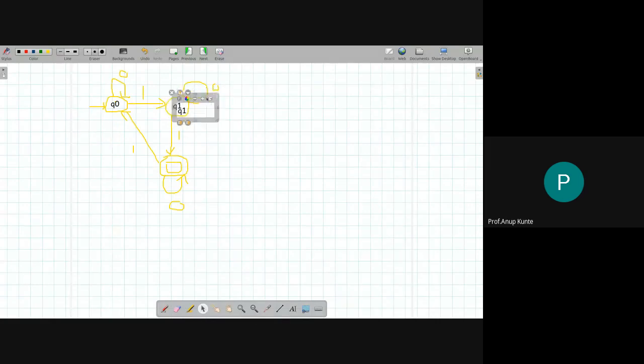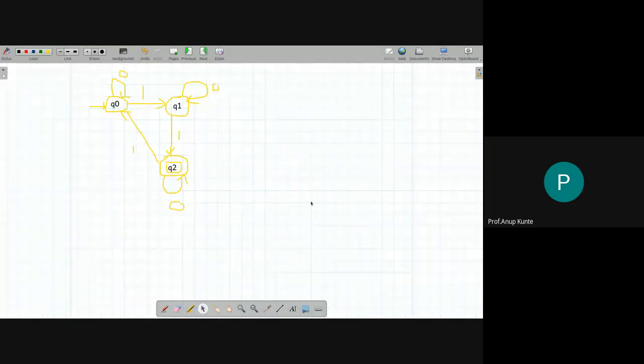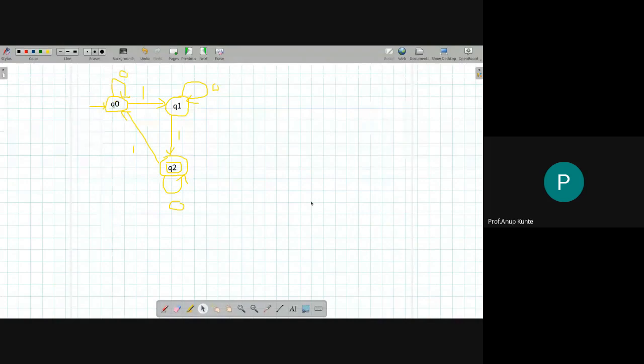So these are the three names that I'm giving to the states. I may give any names to the states; that doesn't matter. It's a choice of the designer who gives the name to the state. So this is some computation which has one final state and two non-final states.